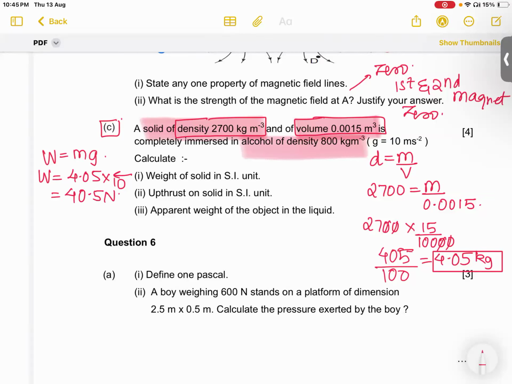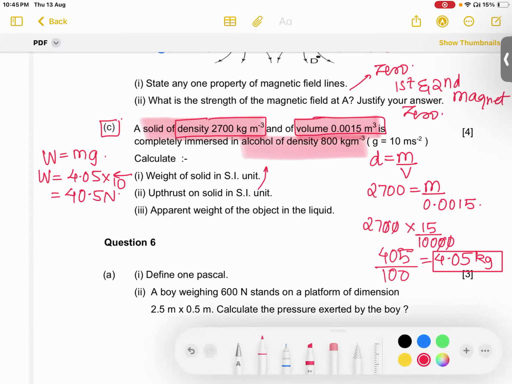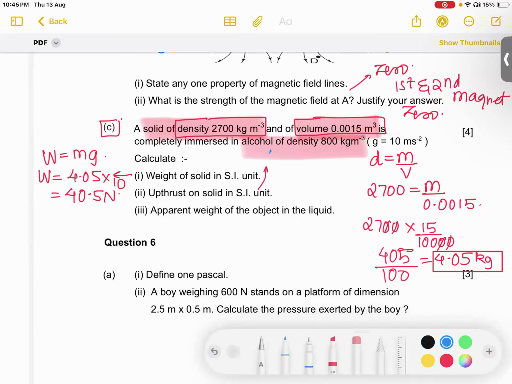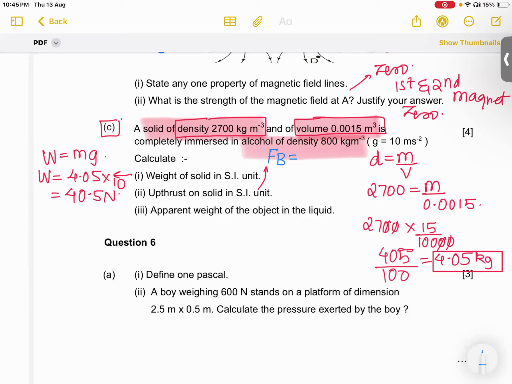That's my weight. Now I'm supposed to calculate upthrust. I feel everybody knows how to calculate upthrust. We have a formula for calculating FB, guys. The formula is FB is equal to V rho G. V is the volume of solid, which is 15 upon four zeros.